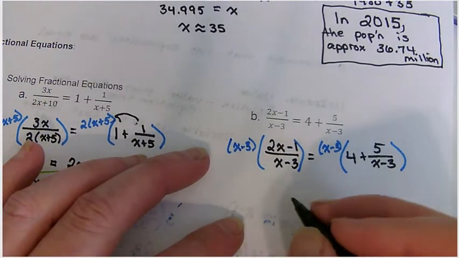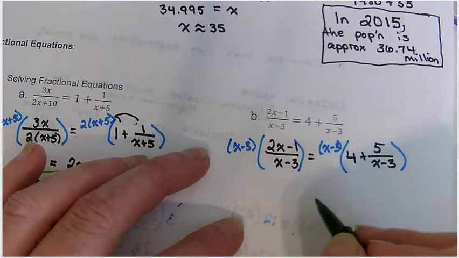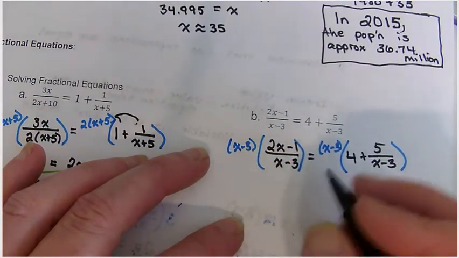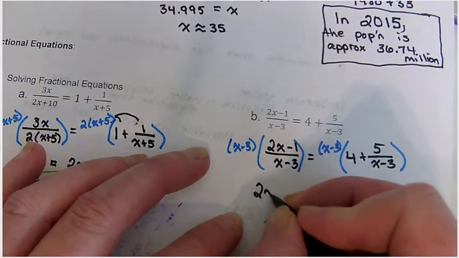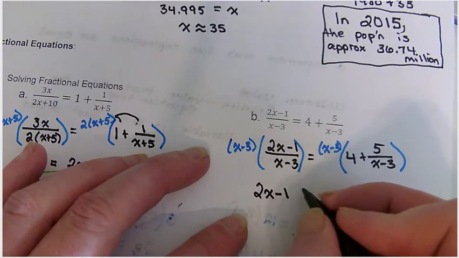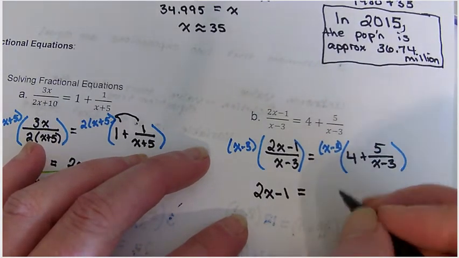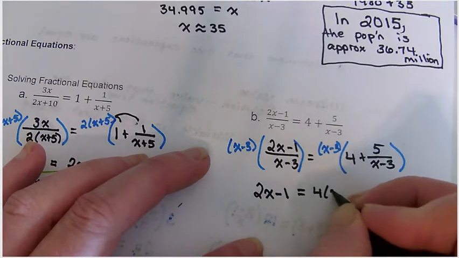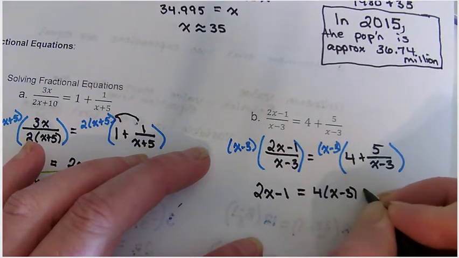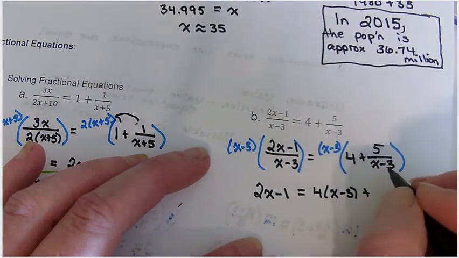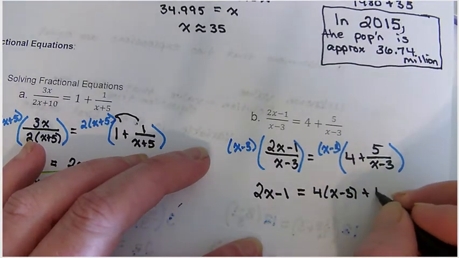So when I multiply on the first one, x minus 3's would divide out, leave me with the numerator of 2x minus 1. On the right side, I would distribute x minus 3 times 4, so 4 times x minus 3, plus the x minus 3's would divide out and leave me with a 5 over here.